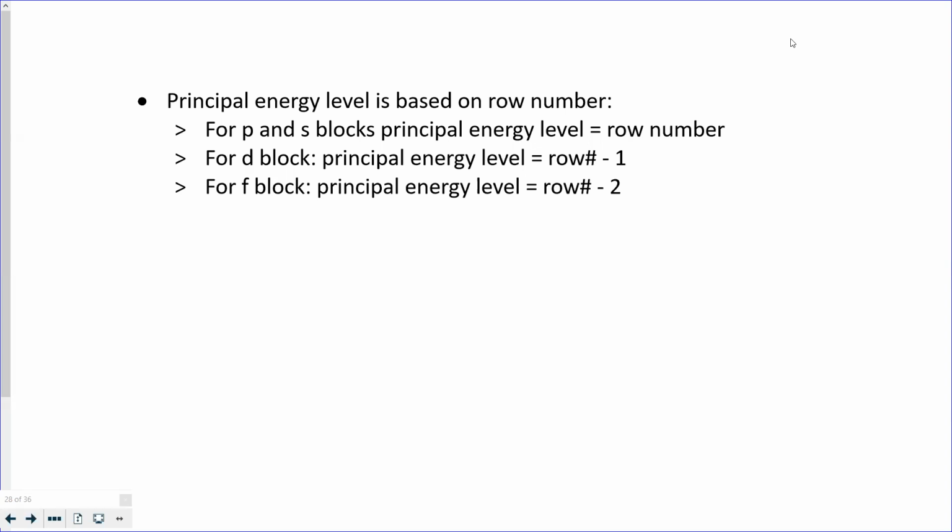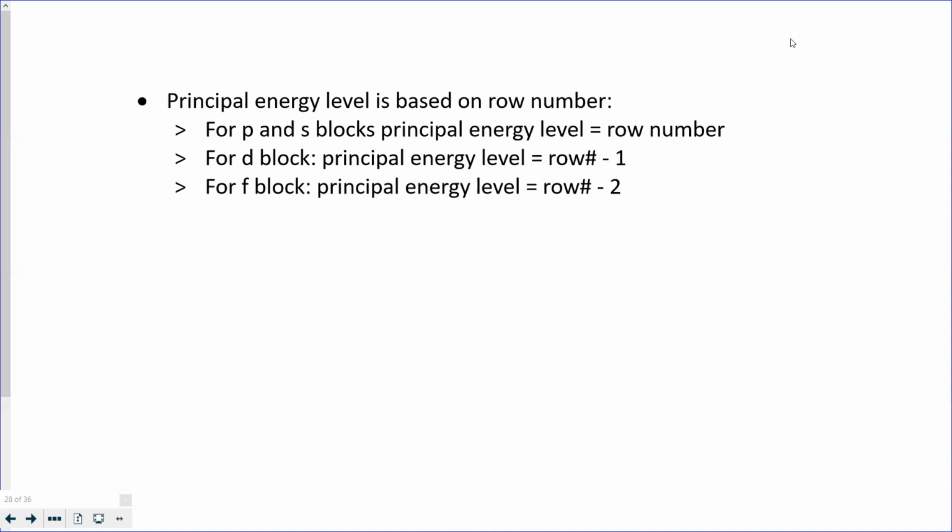If we are in a D block, because the S and D blocks tend to go out of order based off of energy, for the D block, our principal energy level is going to be the row number -1. So if you look at chromium, which we did a moment ago, that is a transition metal in the D block.